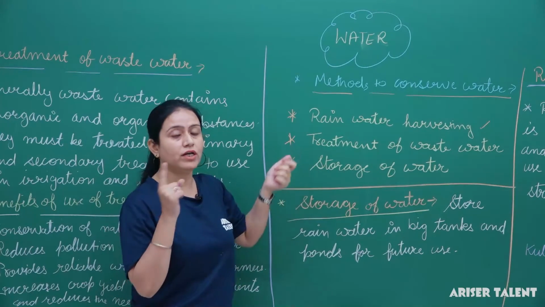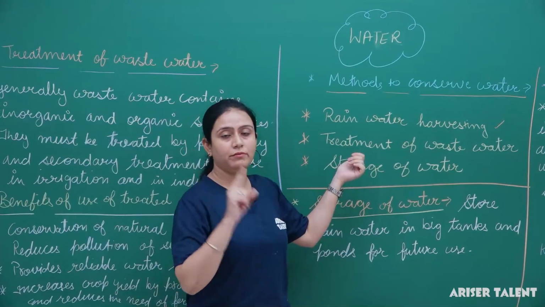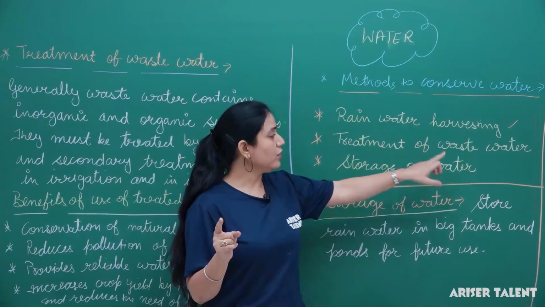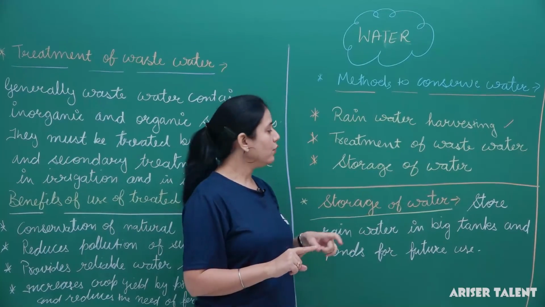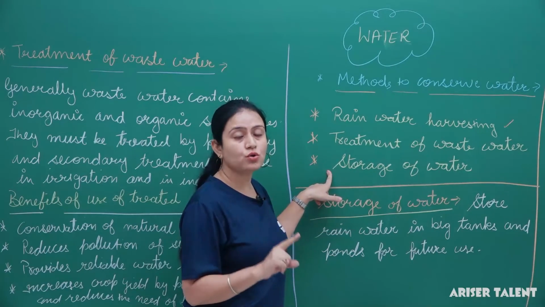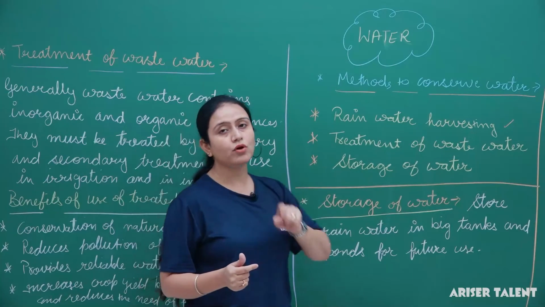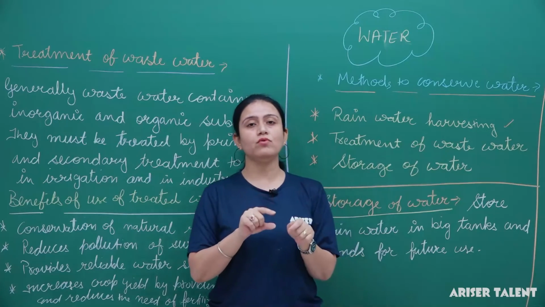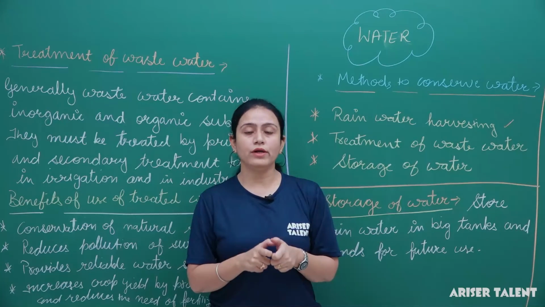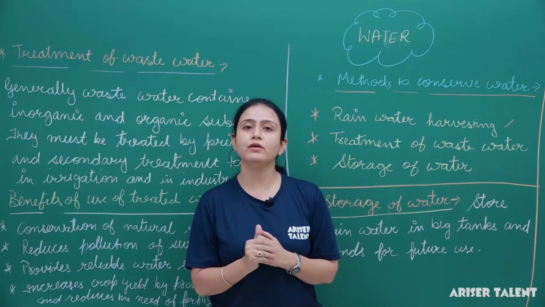Then, whatever water we use, the waste water should be treated for reuse, and we can also store the rainwater in different forms. Rainwater harvesting is the technique by which rainwater is stored and then used for different purposes.